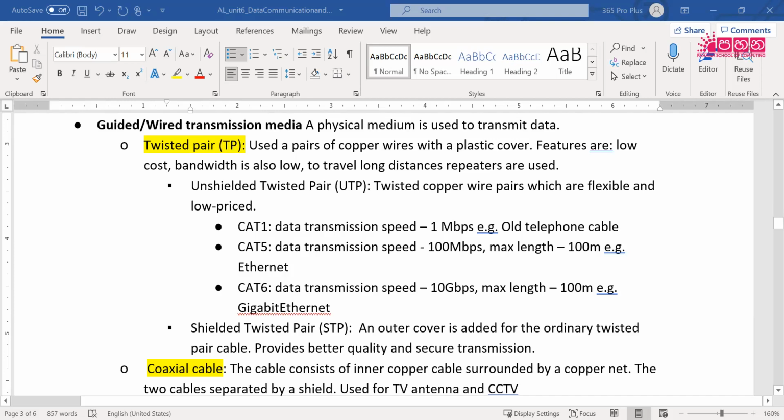Then we will have coaxial cables. And coaxial cables we used in TVs. So bandwidth is about 10 megabits per second.